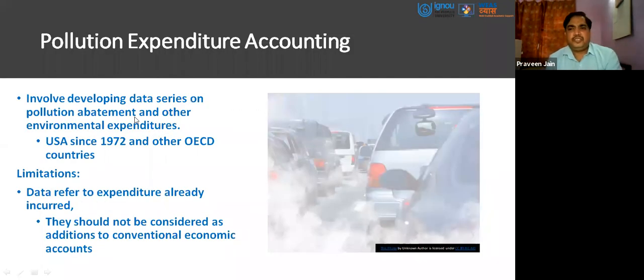So here you can see the first approach is the pollution expenditure accounting. Basically, in this approach we develop the data series on the pollution abatement with other environmental expenditure.